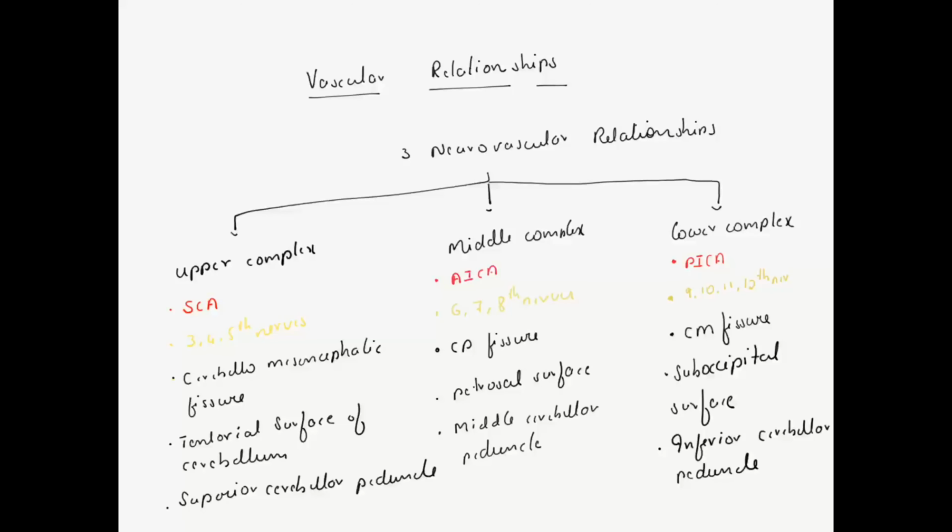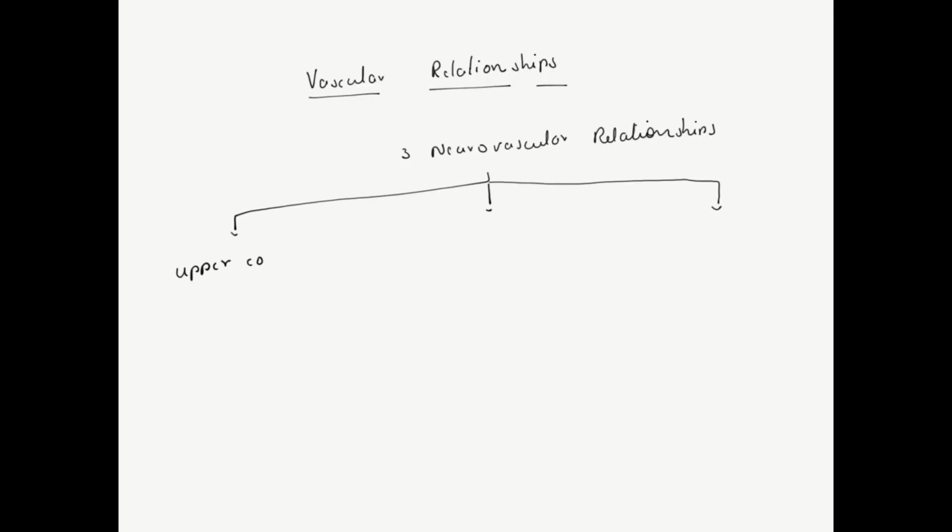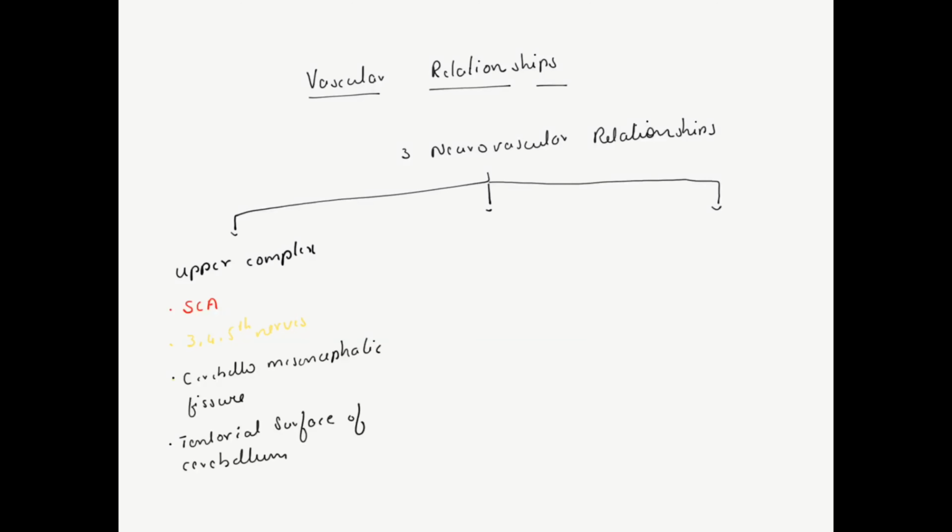Coming to the vascular relationship in detail, whenever we describe neurovascular complexes in the posterior fossa, there are three important complexes. Upper complex has the superior cerebellar artery, third, fourth, fifth nerves, cerebellomesencephalic fissure, tentorial surface of the cerebellum, and the superior cerebellar peduncle.